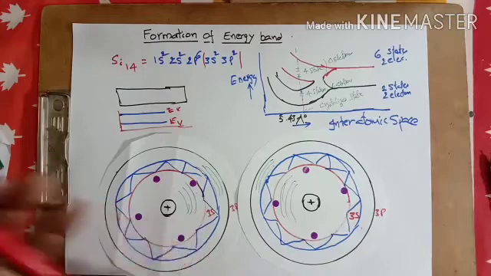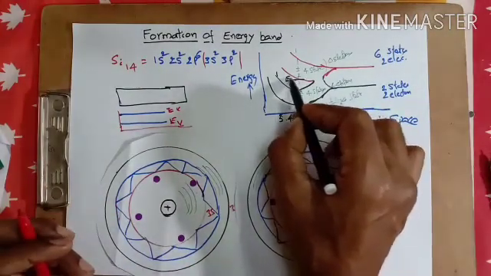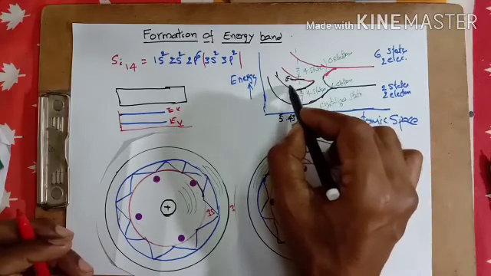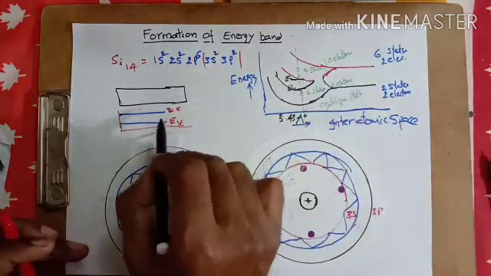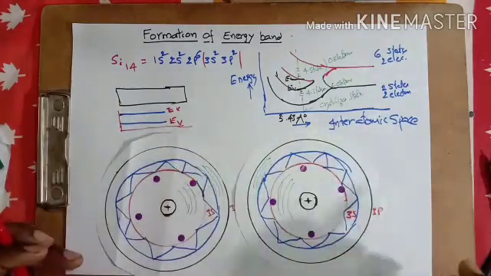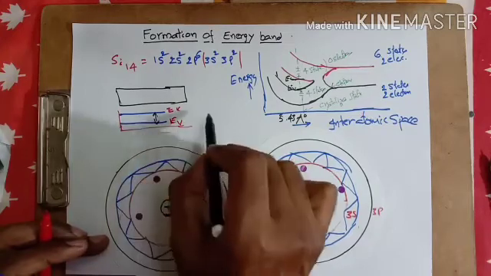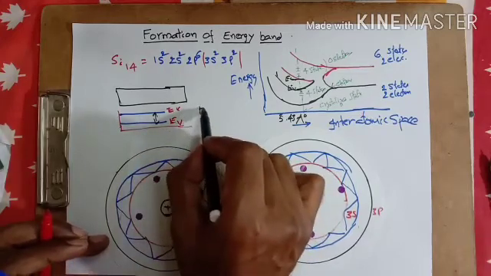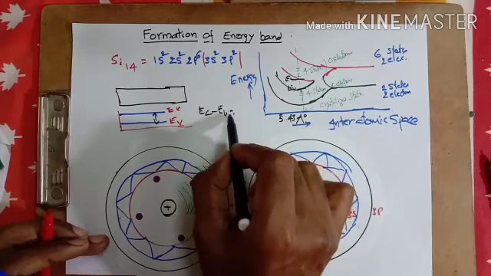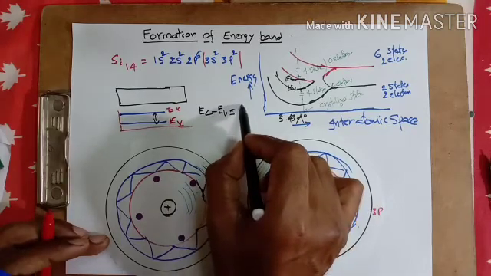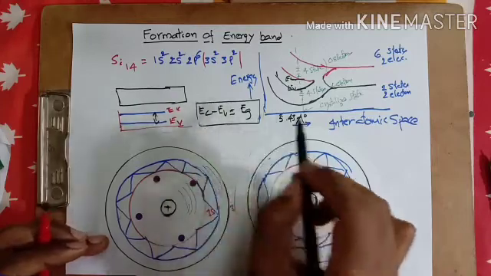So here in this diagram it is the conduction band, and this is the valence band energy level. So it becomes constant throughout the slab of the material. The difference between these two, EC minus EV, is called the energy band gap, EG.